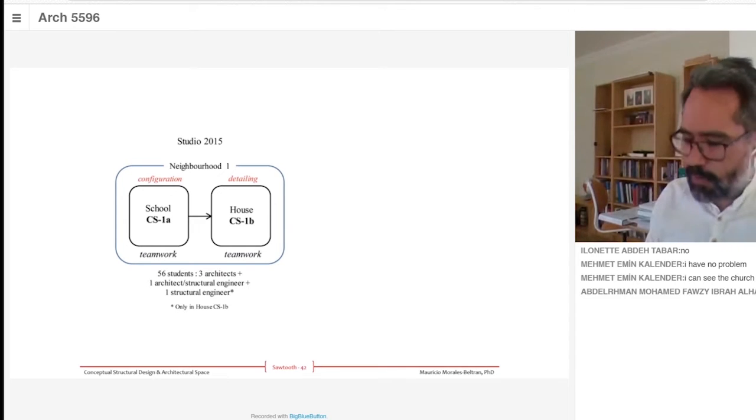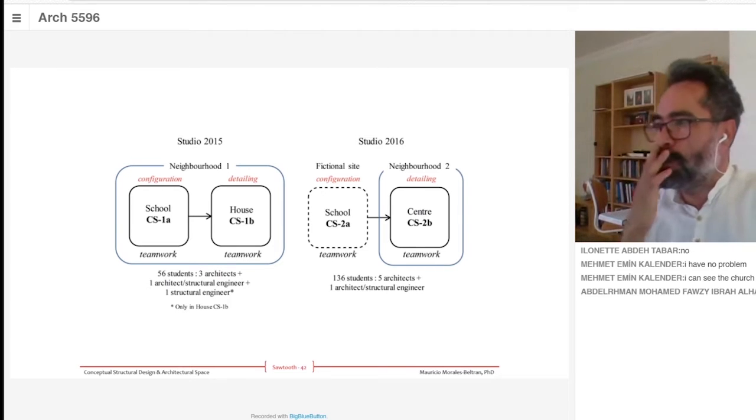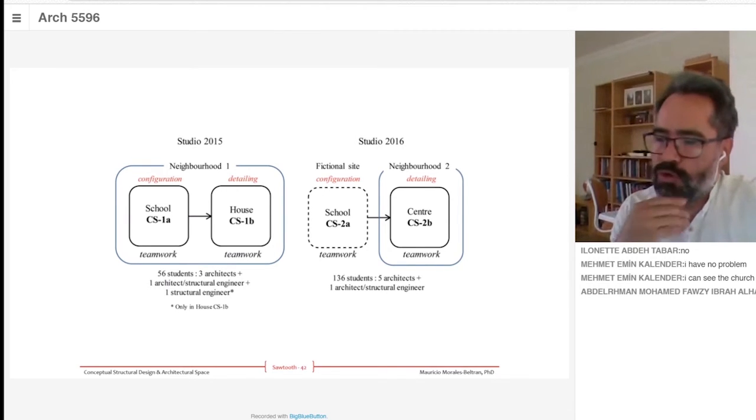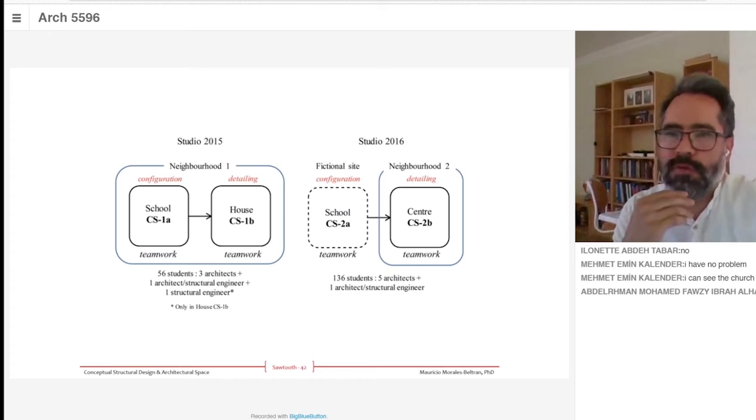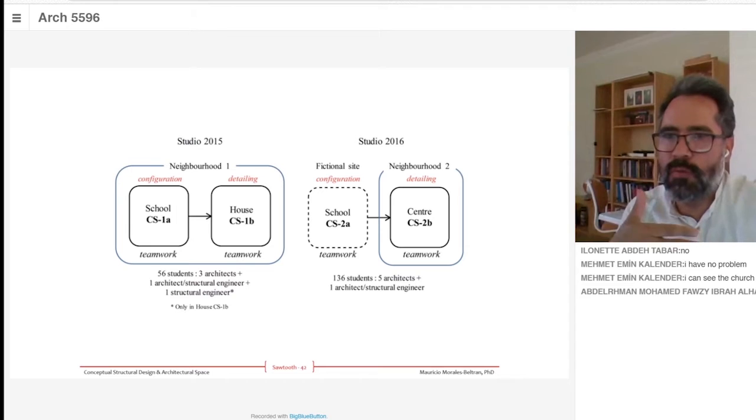In the next studio, we changed the approach for reasons I'm going to explain later, and we used again a school, but we used a fictional site. There was no real site, and again, it was a teamwork. In this case, the number increased drastically because we had that problem where many students from some universities were closed, so we received a lot of students.